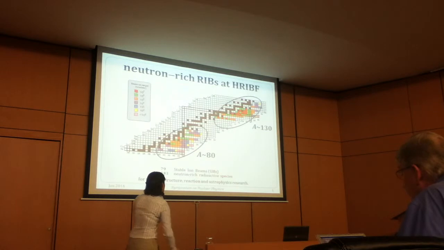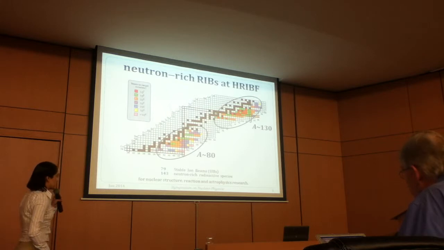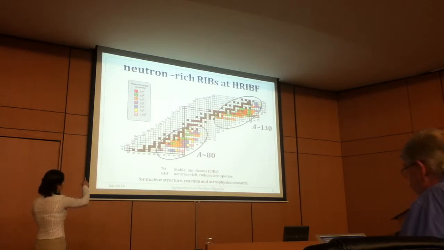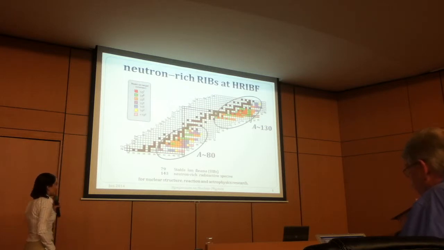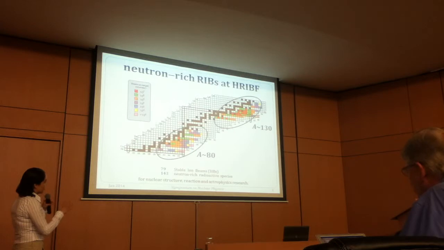This facility used to have the nice feature of producing both stable and radioactive beams with very high quality. In this graph, you can see the color code indicates the beam intensity, and since the production is based on the fission of uranium, you can see that the radioactive species are concentrated around the mass 80 and mass 130 regions.